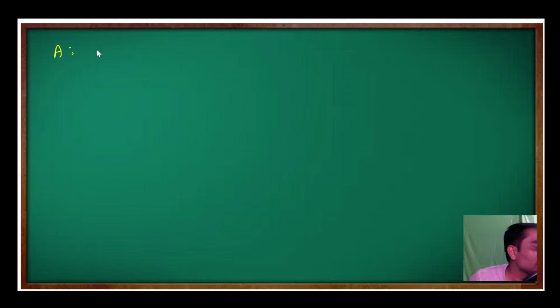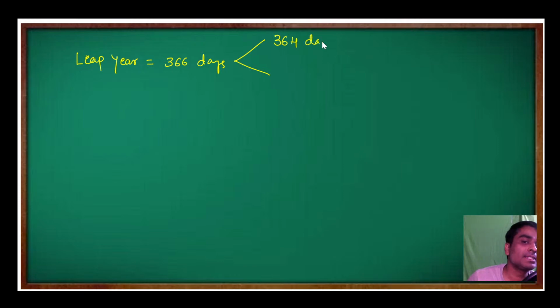Next assertion. So first, leap year means how many days? First you should write 366 days. In this I will make two parts. 364 days will give you 52 weeks.